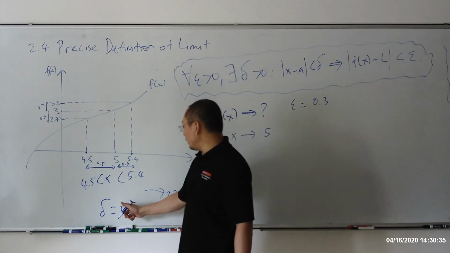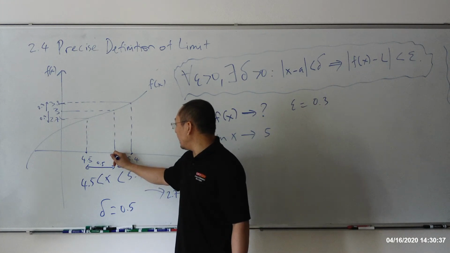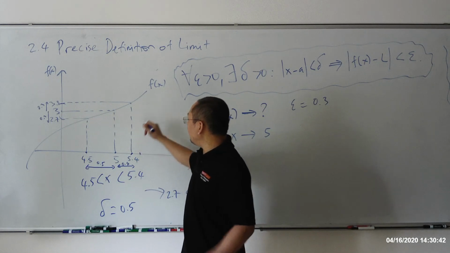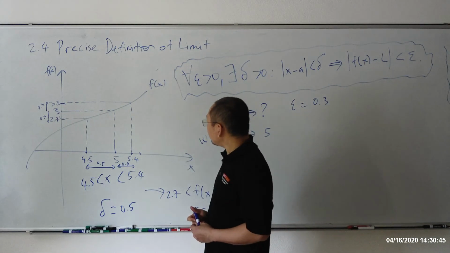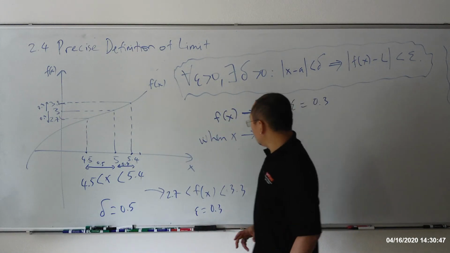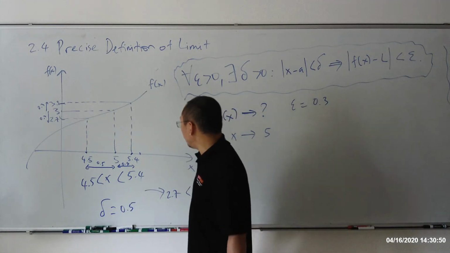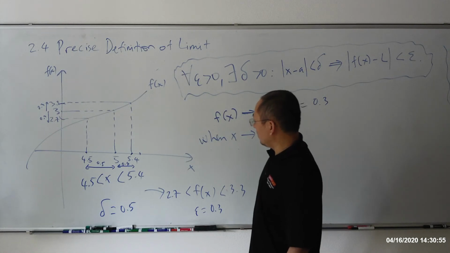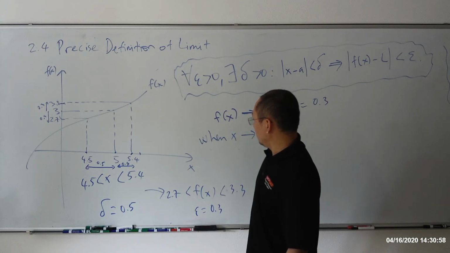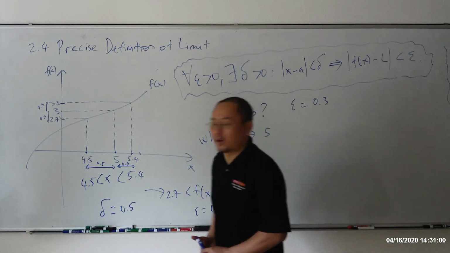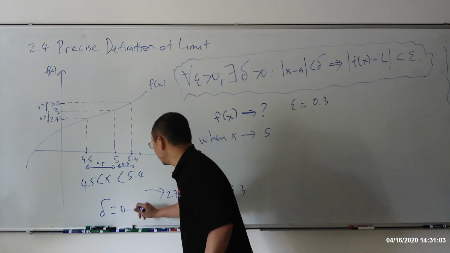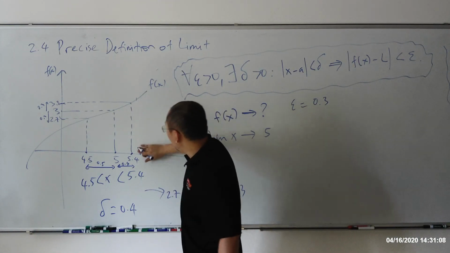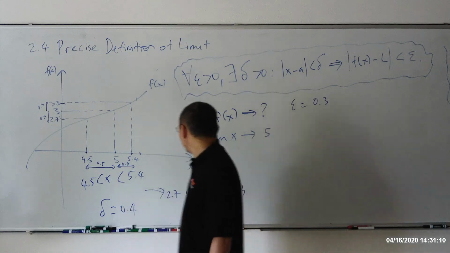Sorry, I was wrong. We have to choose the smaller one. We choose delta is 0.4. 0.5 is going to be out of the interval, you see right here. We have to choose a smaller one, 0.4.